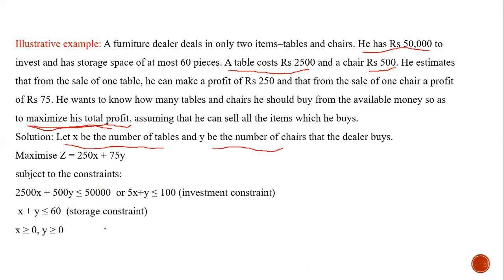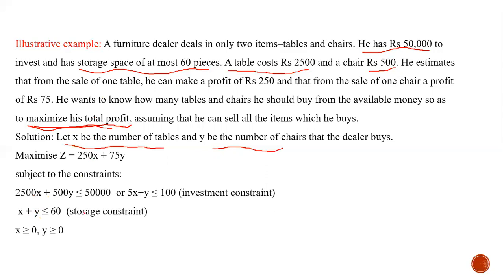Next, we come across here that he can store at most 60 pieces. So this is the storage constraint. Whether it is a chair or table, he can store only 60 pieces.